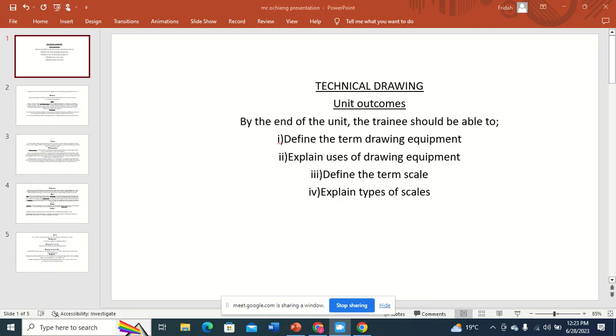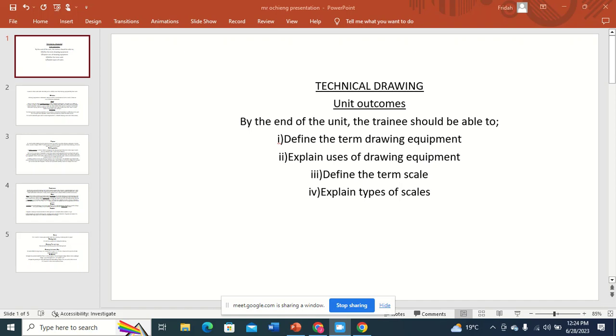Who has drawn a table? Okay, fine. So, what have you used in drawing a table? A pencil. Any other thing?